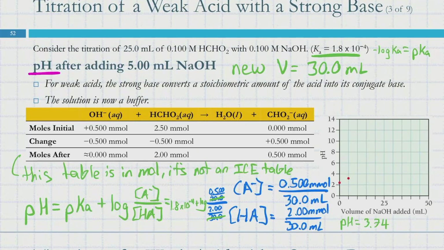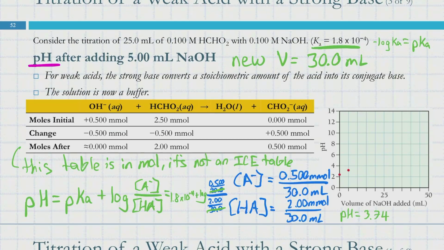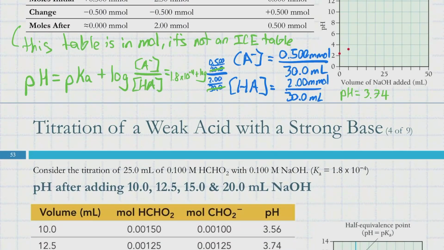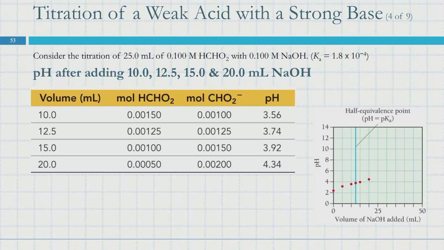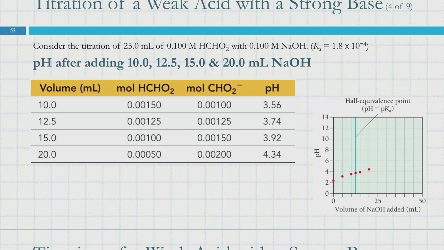Questions about that? There is, of course, more not particularly fun, not particularly interesting maths that we can do here. The one bit that is interesting is our half equivalence point.